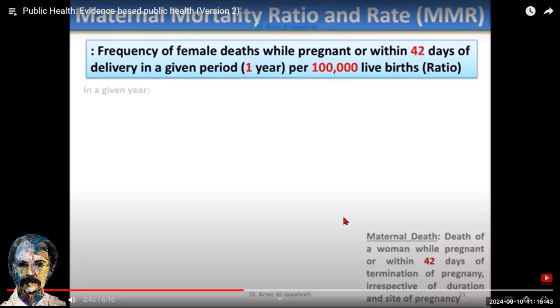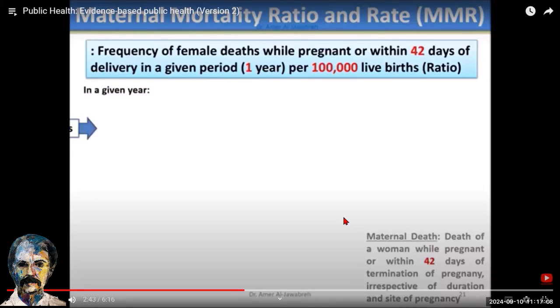Per 100,000, not per 1,000 like IMR. So MMR is per 100,000 live births, children. So this is a ratio. It's not a rate. What's the difference between a rate and a ratio? And which one do we use most commonly nowadays?